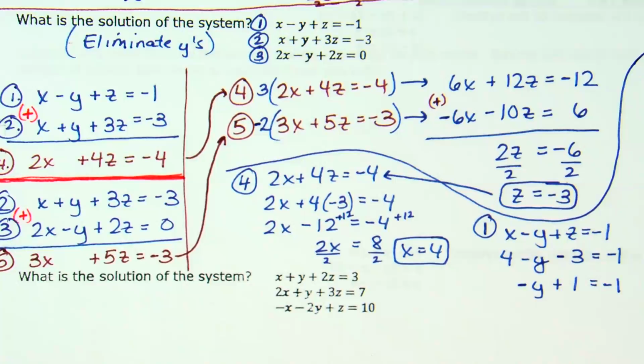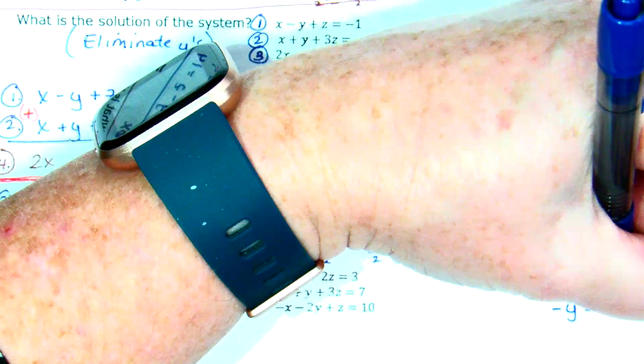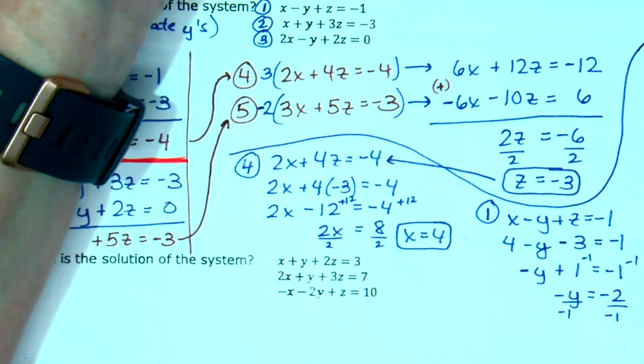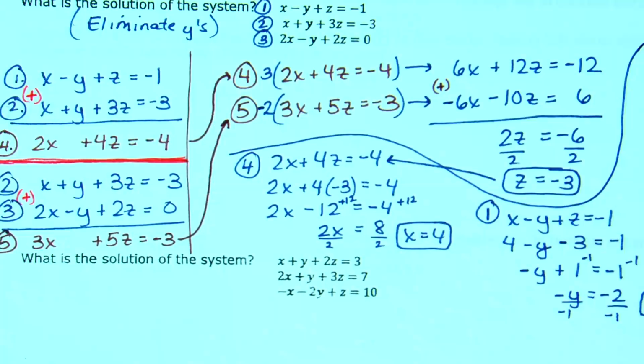If it's negative y plus 1, I should subtract 1. Negative y equals negative 2. Switch the sign, divide by a negative, multiply by a negative. How does your brain work? So if we divide by a negative, it now becomes y equals 2.